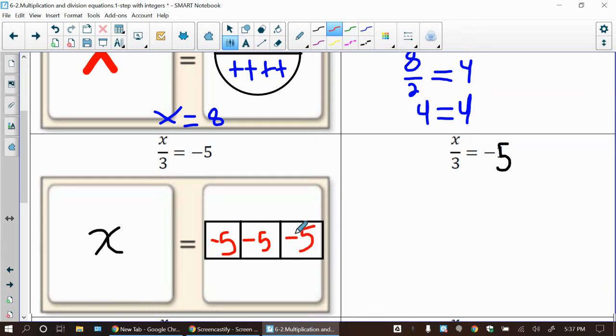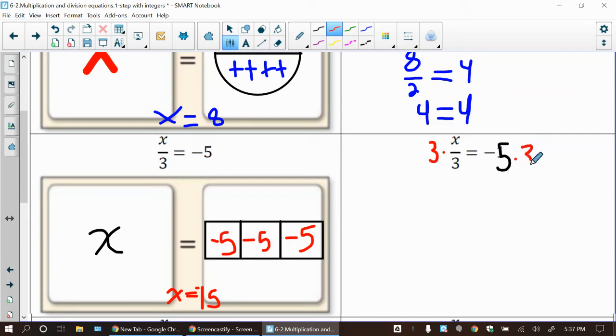If you wanted to buy the whole thing, you would get x equals 15. Our job is to find out how much is just 1x. So when we do it the algebraic way, the inverse of division is multiplication.